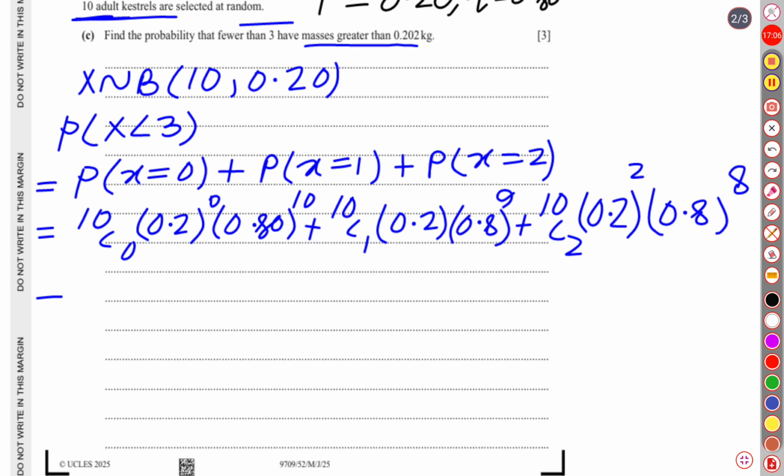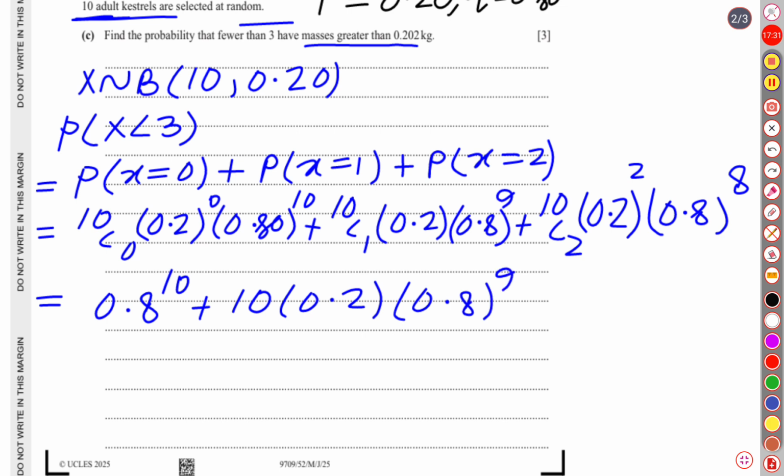From 10 birds, if we choose no one, there is only one way, and 0.2 raised to 0 is also 1, so ultimately it is 0.8 raised to 10. Plus 10 choose 1 means actually 10. From 10, if you choose only one, there are 10 ways, into 0.2 into 0.8 raised to 9. Plus from 10, if you choose 2, that is 10 into 9 into 8 factorial over 2 factorial into 8 factorial. I'm solving it manually.